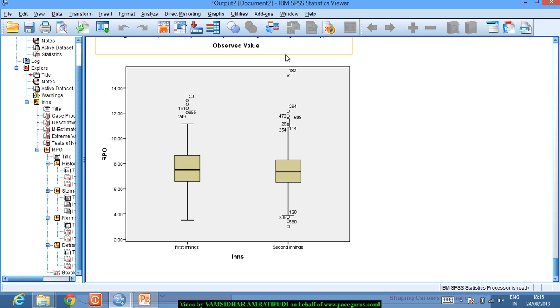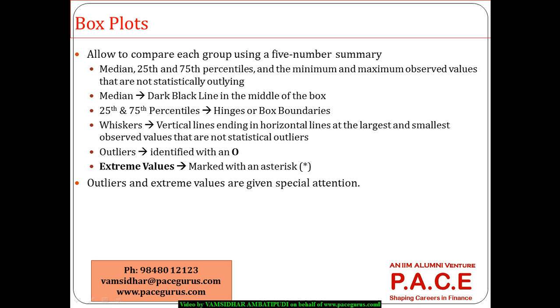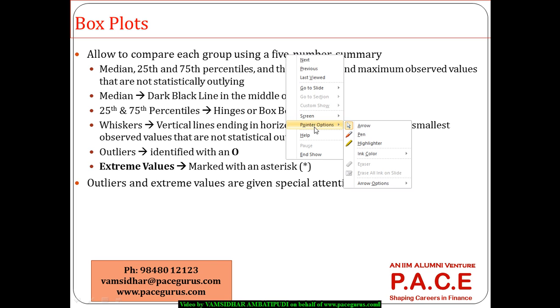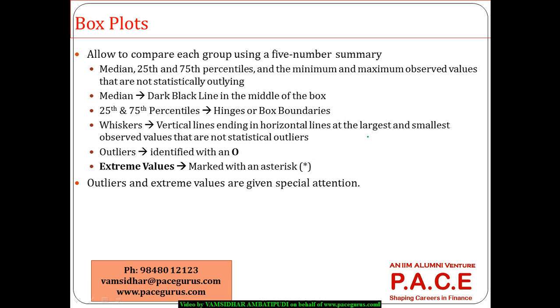Circles are treated as statistical outliers, whereas the ones marked with an asterisk or star are typically extreme values, and they deserve removal as soon as possible. So they need to be given special attention.